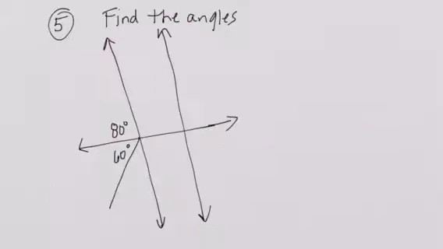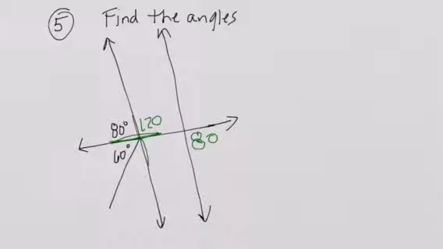Find the angles. So I have 80. Now I have parallel lines, so we're going to go with alternate exterior angles, which makes this one 80. These are supplementary, so that means this is 120.